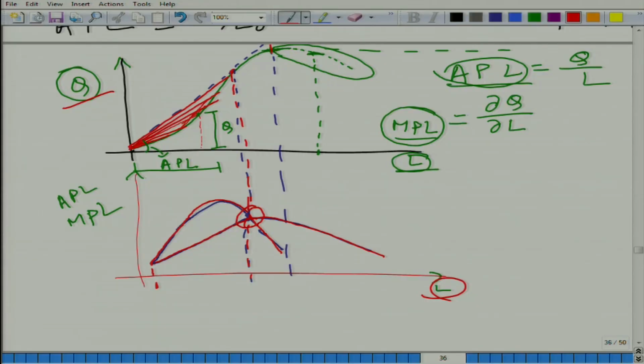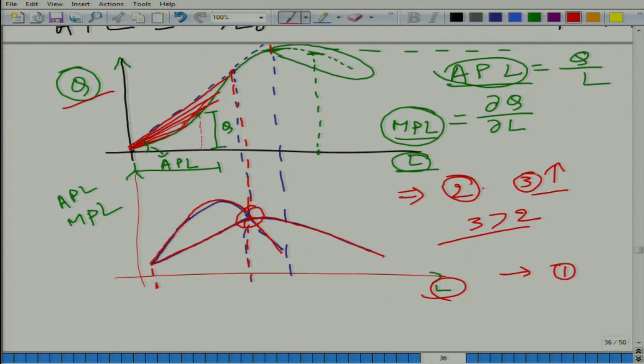Why? Let's say the average product of labor is 2 and the marginal product of labor at that point is 3. What does it mean? If you add one more unit of labor, the increase in output because of this new labor would be equal to 3, while the average is 2. Of course, 3 is greater than 2. So, in the denominator you are adding 1, but in the numerator 3 is being added, and that is more than 2.